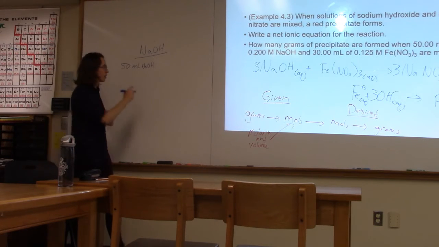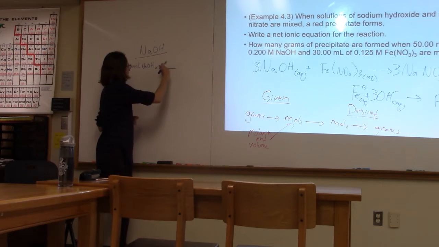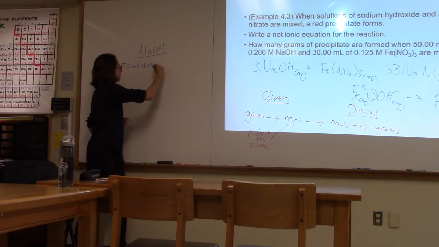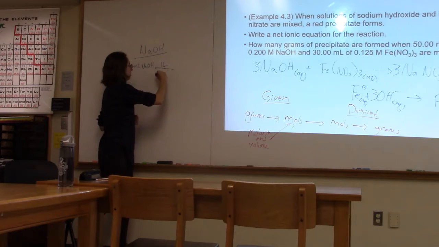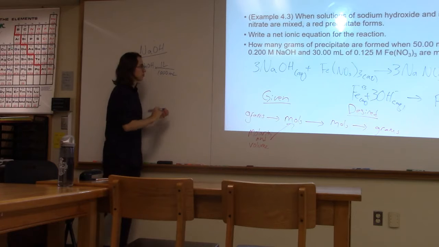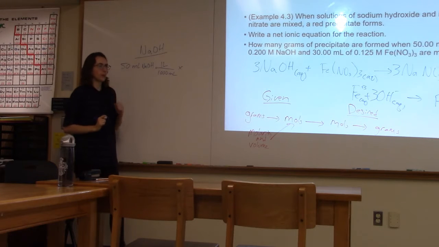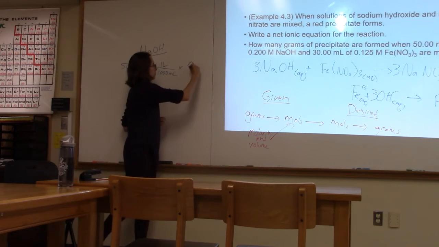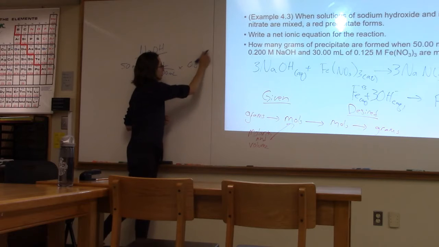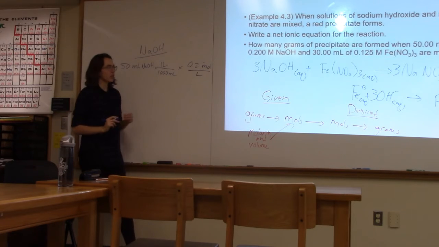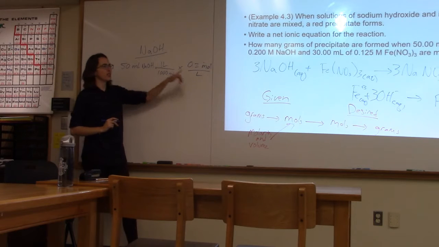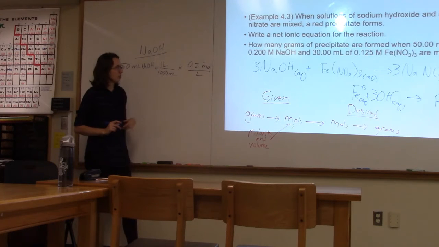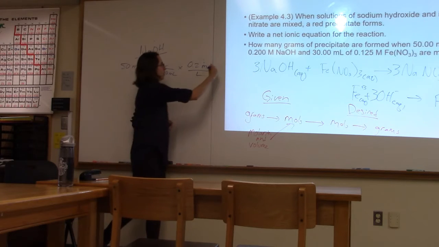Convert it to liters, which is 0.05, so it's times 1 liter over 1,000. This is 0.200 moles over 1 liter, or 0.2 moles per liter. If I take the volume times the concentration, I get the number of moles of NaOH.